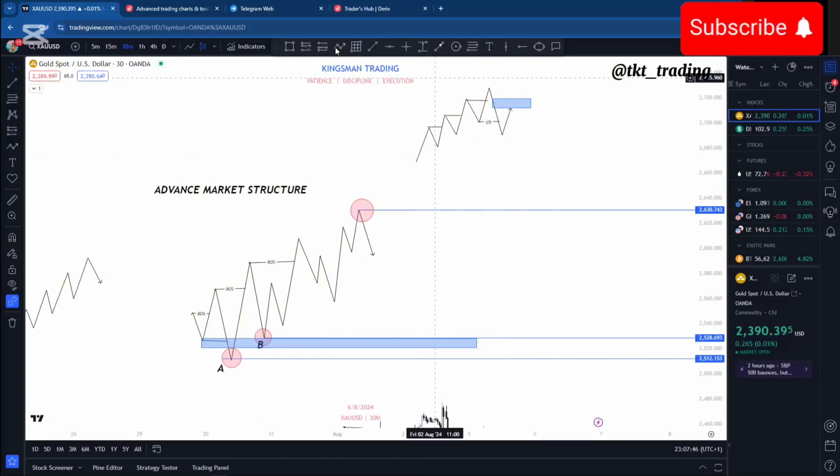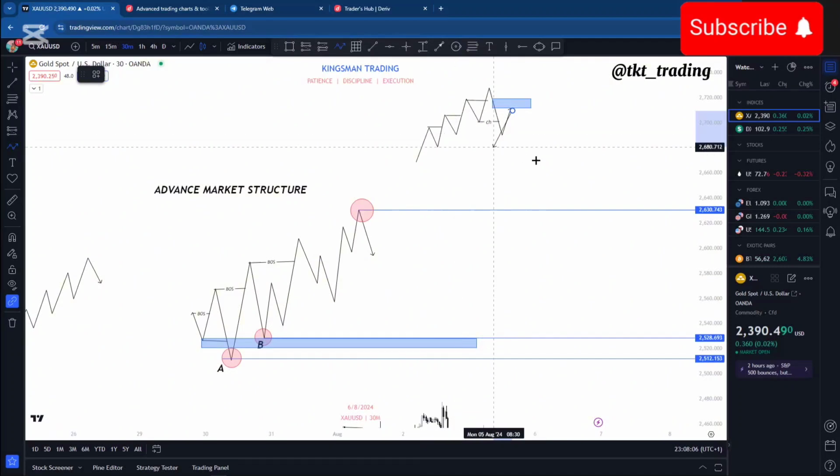Let me just continue from here. You want to see that price actually break at least two higher lows. This is the first change of character. Price have taken out this high, create a lower low. Then what you want to see next is price break out from this point too.